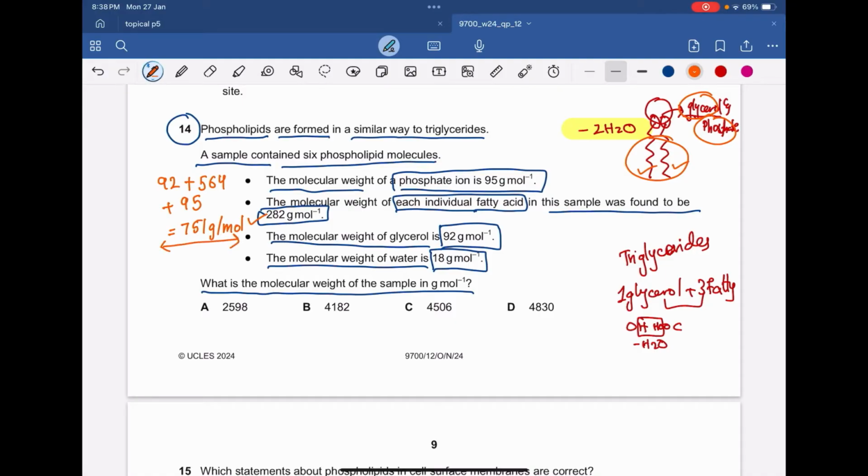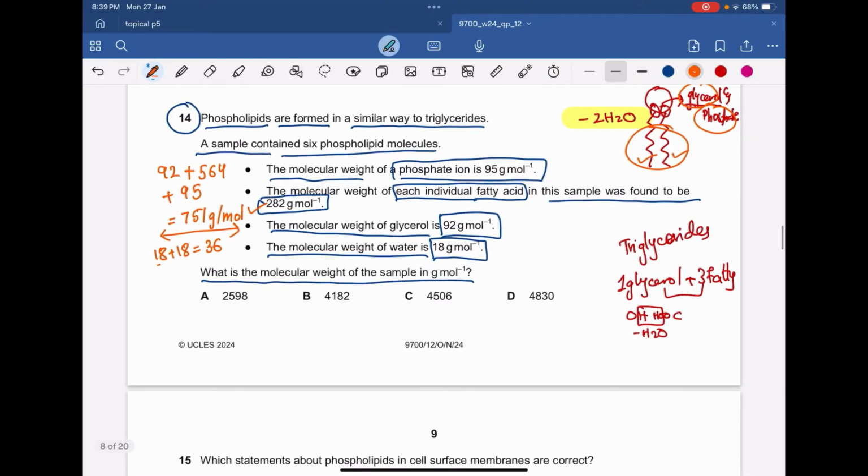Basically we have calculated. Now we know that when the fatty acid molecules combine with the glycerol, there will be a loss of water molecules as well, right? So we are going to subtract two water molecules, which is 18 plus 18 is equal to 36, from the 751.